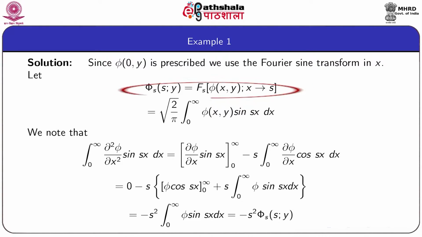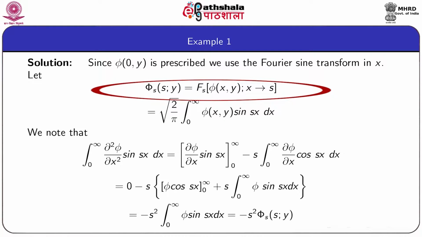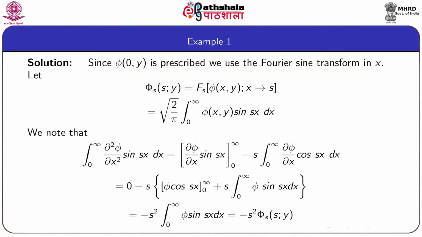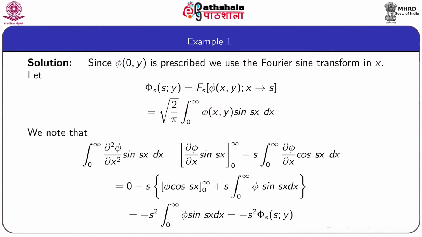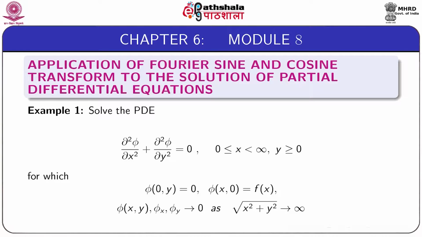Let capital phi s be the Fourier sine transform of small phi(x,y), which is given by root over 2 by pi integral 0 to infinity phi(x,y) sine sx dx. Now we multiply both sides of the Laplace equation by root over 2 by pi sine sx and integrate with respect to x from 0 to infinity.